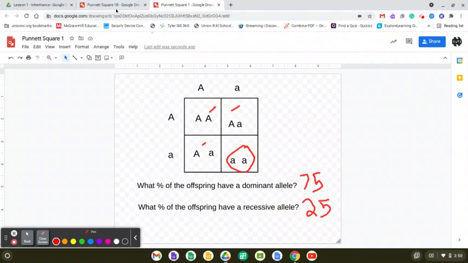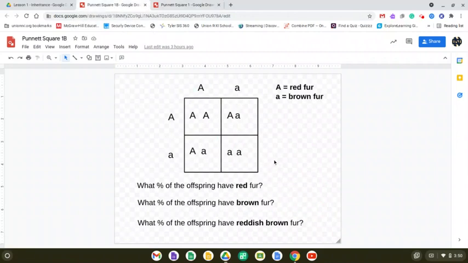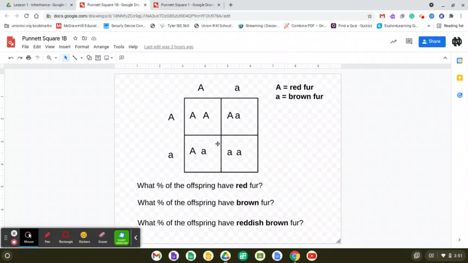Okay. Now, if we take that a step further, here we've got the same parents, same offspring. And now we're going to give those letters meaning. If capital A means red fur and little a means brown fur, that means capital A is dominant.